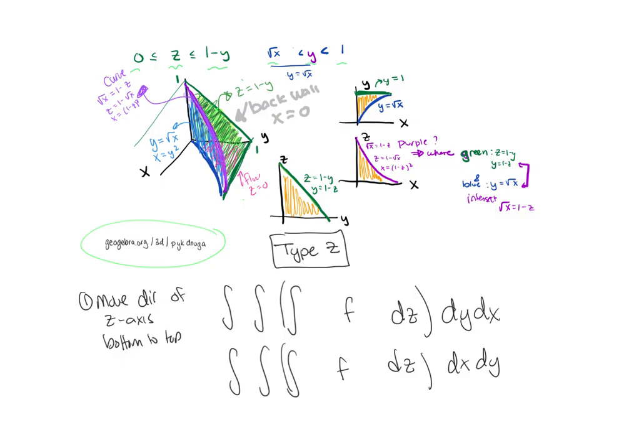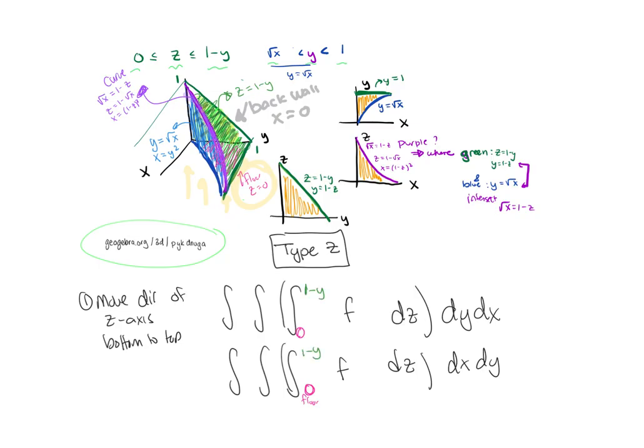So my z-axis is going bottom to top like this. So I see the floor down there on the bottom. And then as I go up, I'm going to leave along that green surface. So I'm going to go from the floor, which is z equals 0, to that green surface, which is z equals 1 minus y.